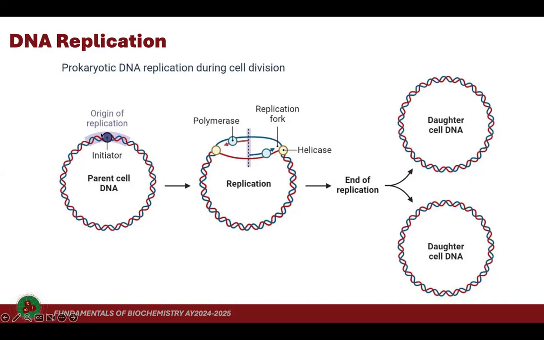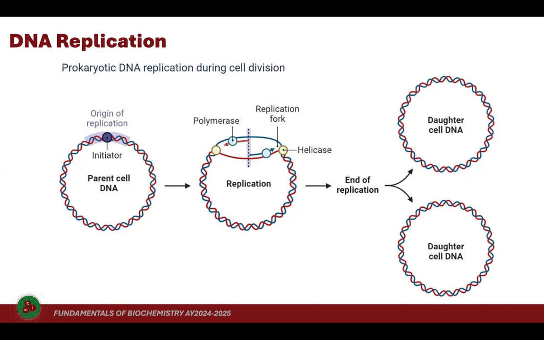So the enzymes necessary to make this process possible recognize specific base pair sequences in the ORI, and they would know that this is the spot where they should start the process. So once the enzymes assemble here around the ORI, the replication initiates.